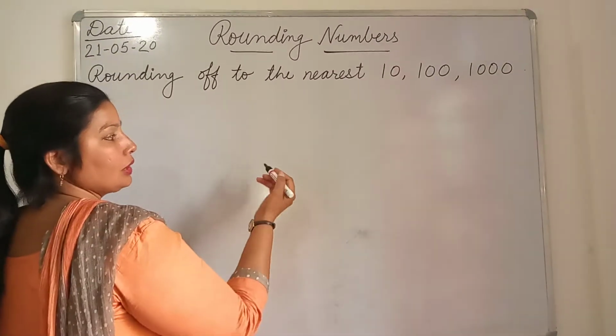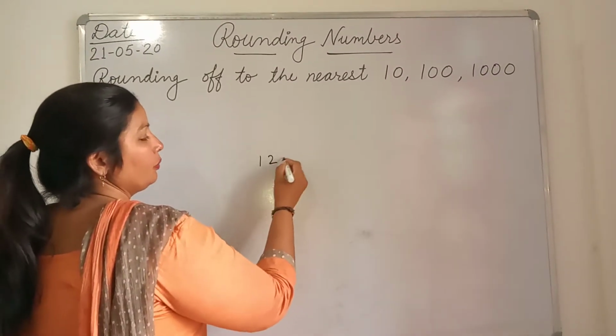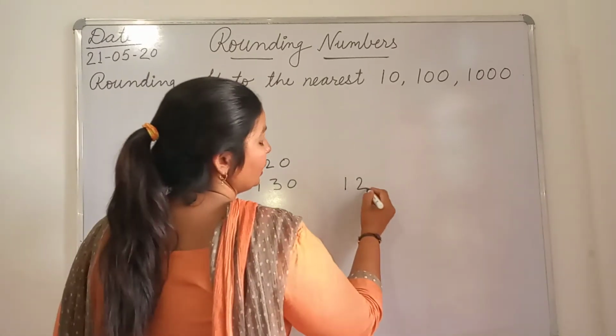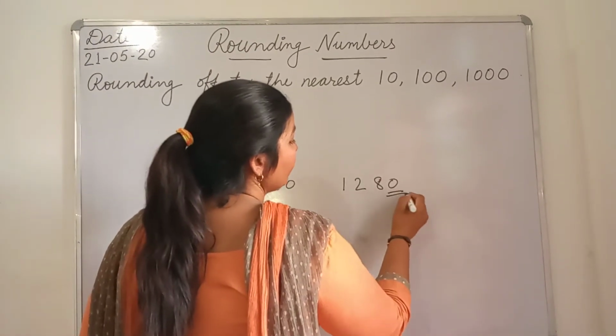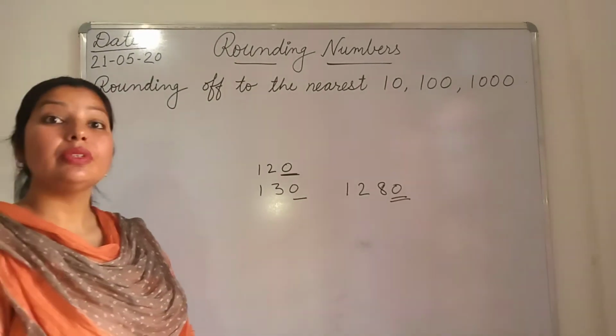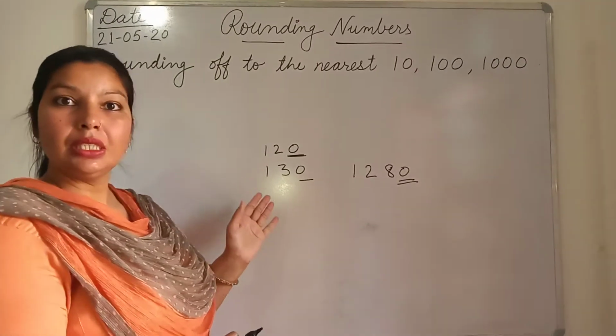These numbers are rounding of tens. 120, 130, 1280. Whenever we have ones column 0, these numbers are called rounding of tens.